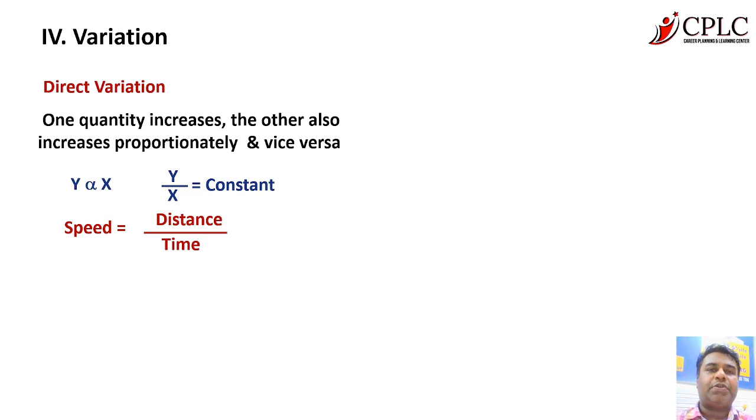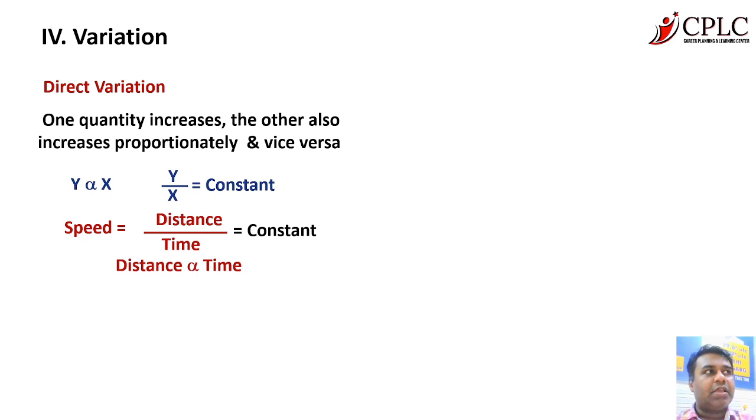I suppose speed is equal to distance upon time, and if I take speed as constant, suppose I have to travel from Mumbai to Pune, and if I keep speed as constant, that I am going to travel with 50 km per hour speed, then the more the distance, the more time I will take. So if I am traveling from Mumbai to Pune, which say is 200 kilometers, but if I plan to travel from Mumbai to Delhi, which is say 1000 kilometers, then the time I need to go from Mumbai to Pune, I will need more time to go from Mumbai to Delhi. Why? Because the distance increased. So if the distance increased, the time increased.